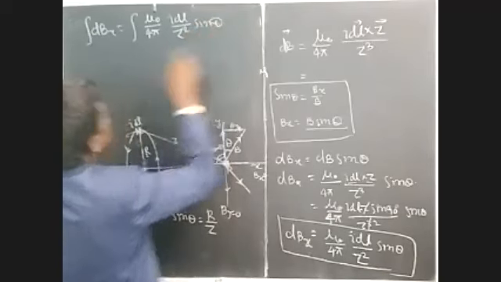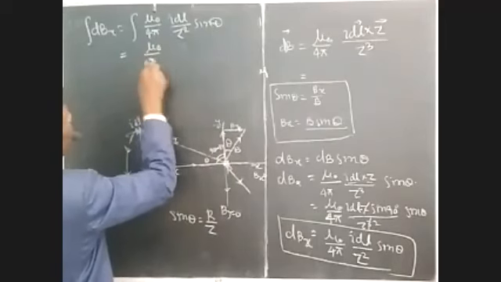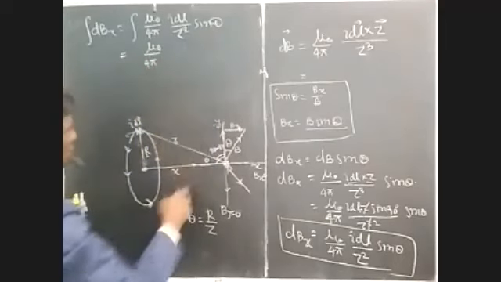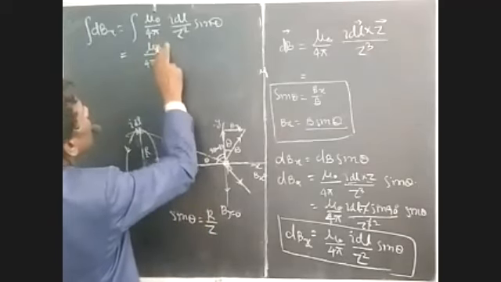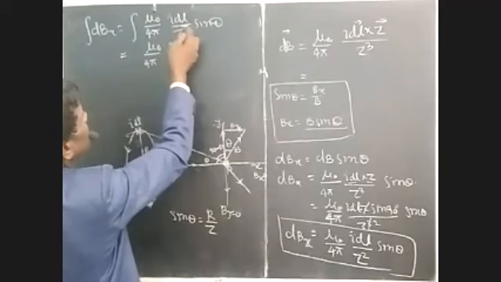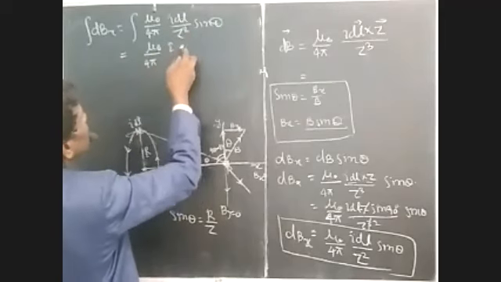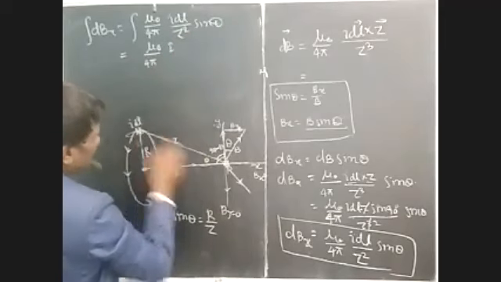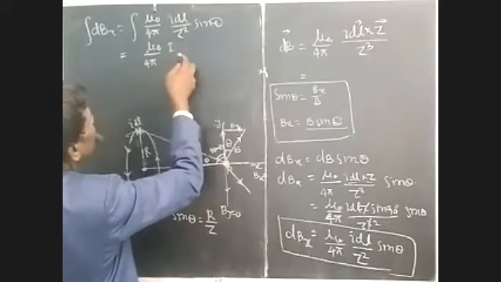Okay, so we write mu naught 4 pi, and then sine theta is what we got, we got r by z. So this is the right one. IDL is a small element, and we have to take integration of this, and z is constant, the distance is constant symmetrically, therefore z also comes out.